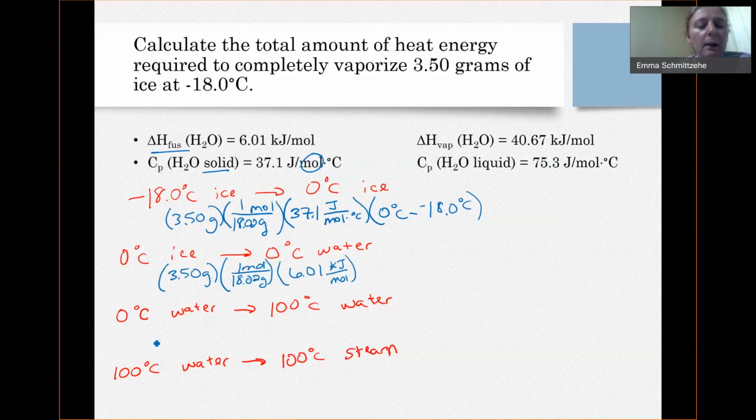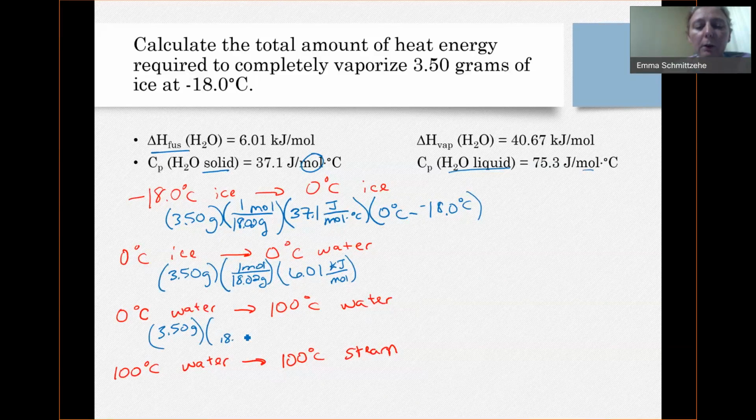And then this next one's a temperature change, and I need the heat capacity for the liquid water. Since that again is given on a per mole basis, I'm going to take the 3.5 grams and convert it to moles.